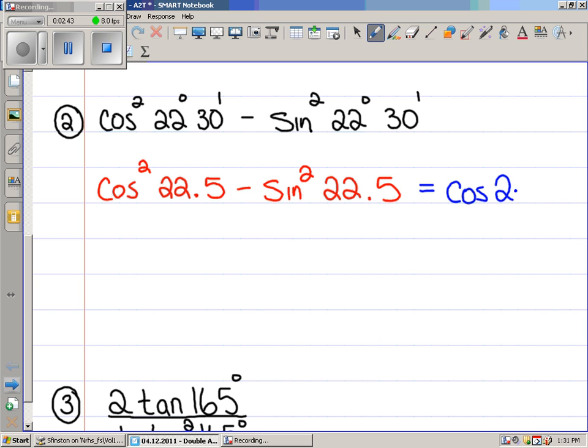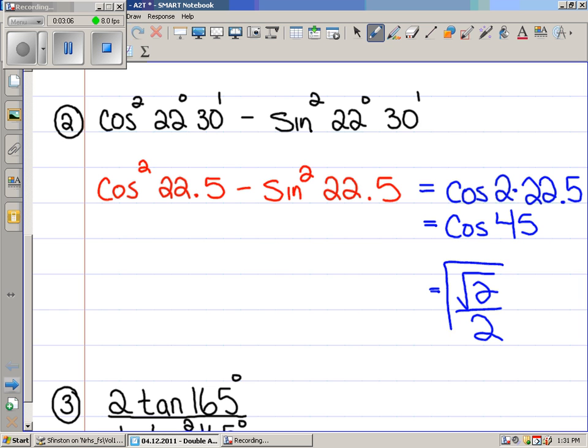So this is the same thing as cos 2 times 22.5. What's 2 times 22 and a half? And the cosine of 45 is how much? 0.7071, which corresponds to rad 2 over 2.